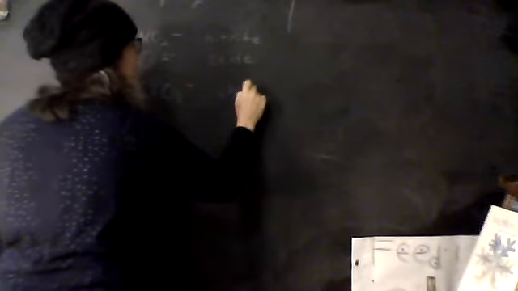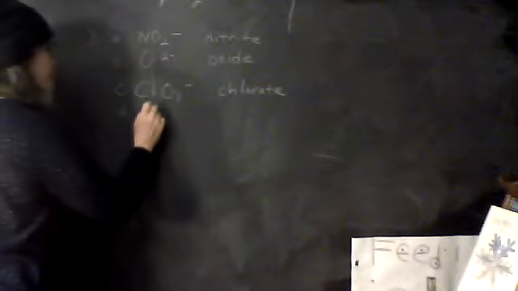Okay, C, ClO3 negative. Chlorate. Okay, and D, CO3 2 negative.